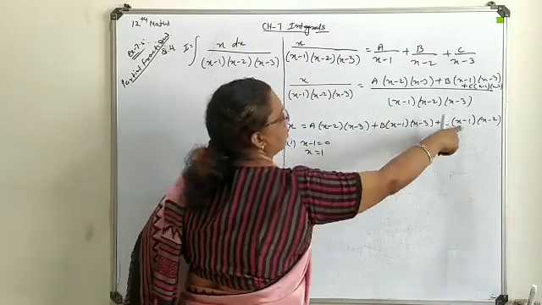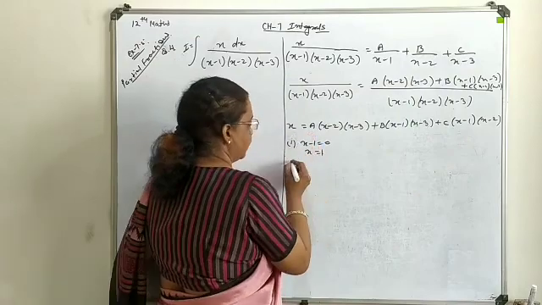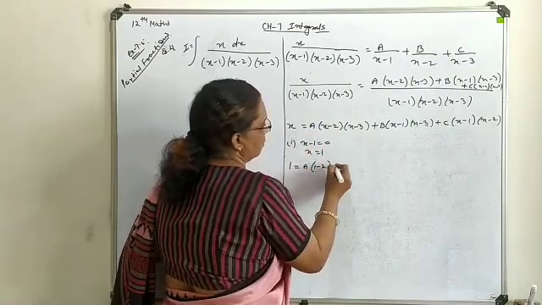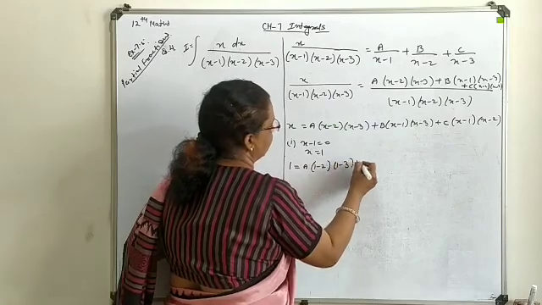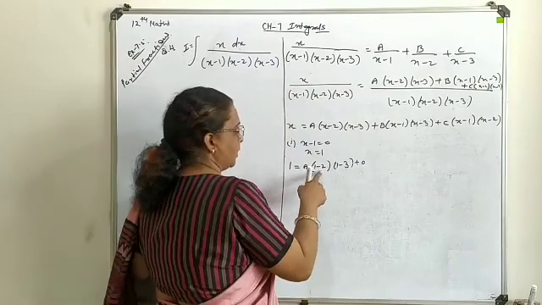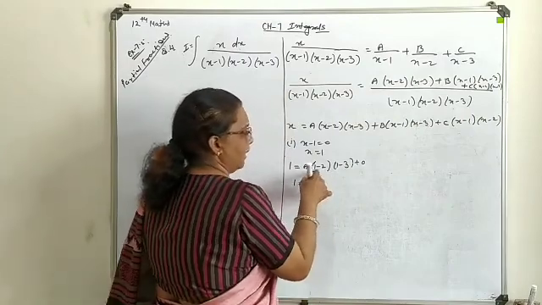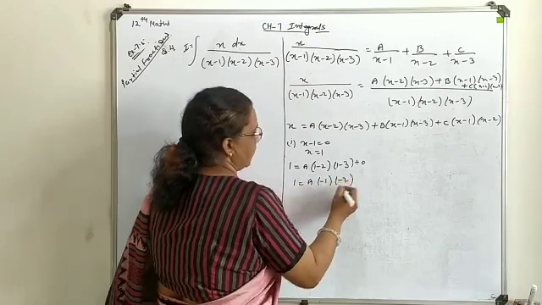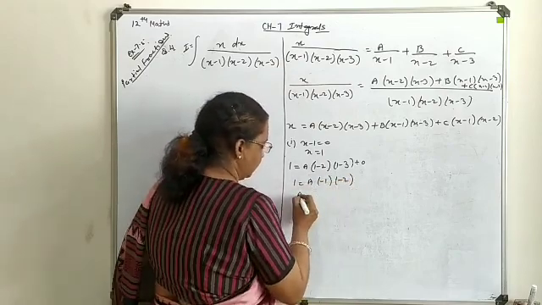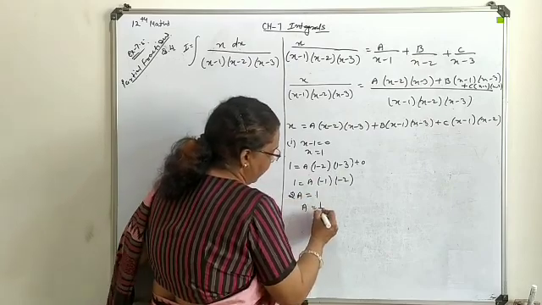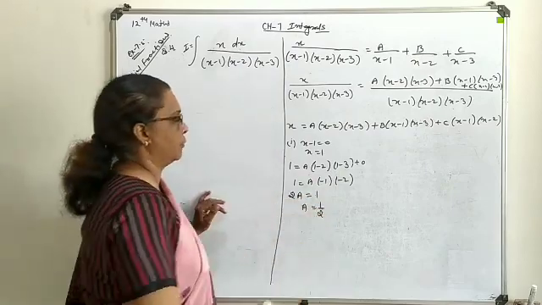This will turn to 0, this will turn to 0, and we keep A(1 minus 2)(1 minus 3); afterwards all terms turn 0 because of these zeros. Now this is A times minus 1 and minus 2, means 2 times A, so A will be turned out as a half.